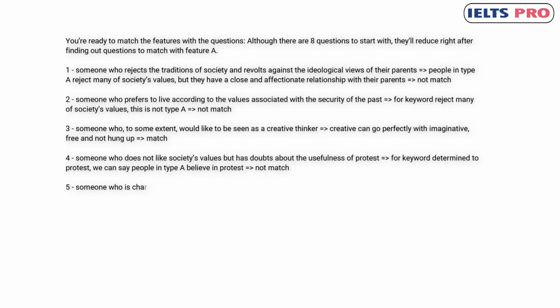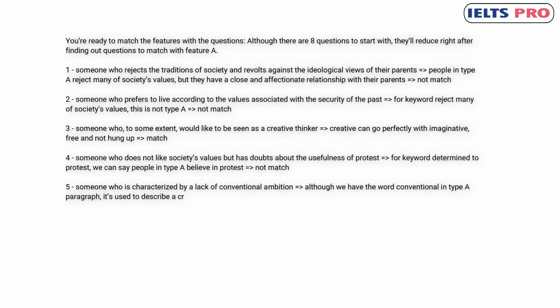Someone who is characterized by a lack of conventional ambition equals, although we have the word conventional in the type A paragraph, it's used to describe a cross-section group. The adjective conventional also quite contradicts with creative in matched question 3, so not a match.